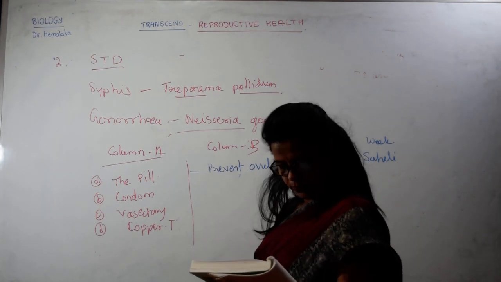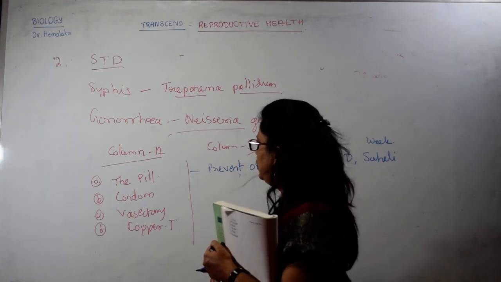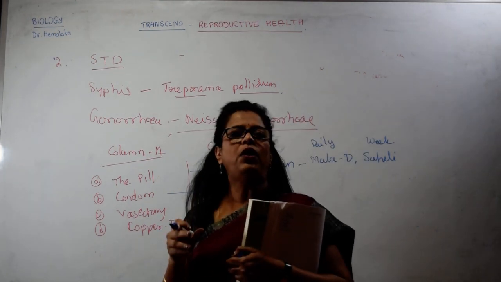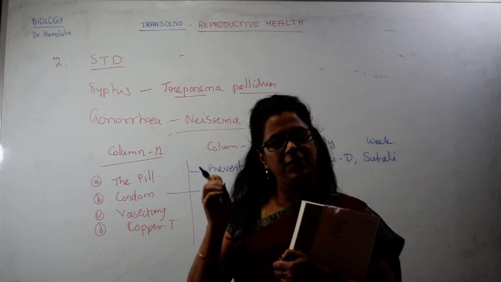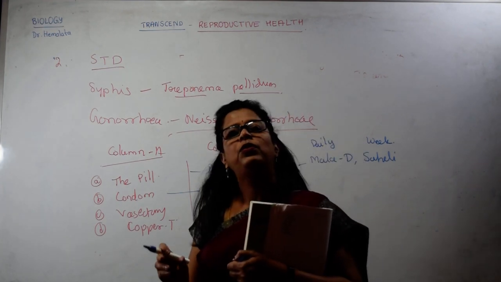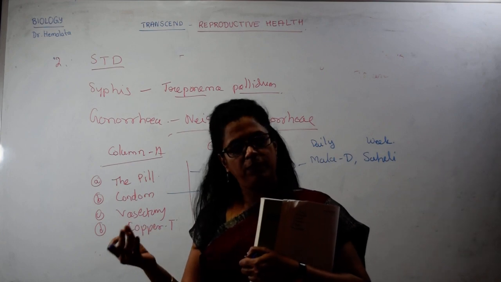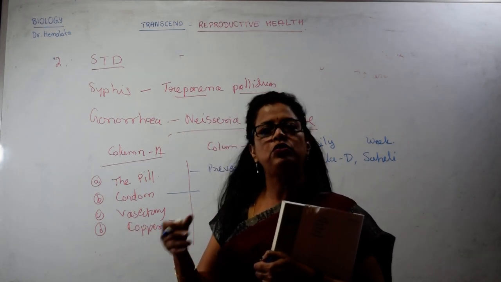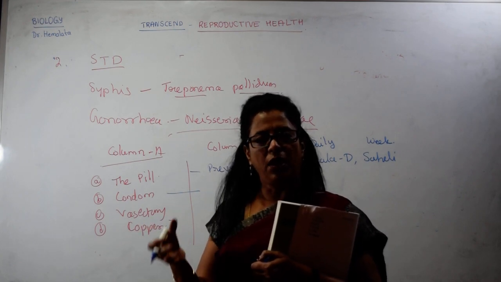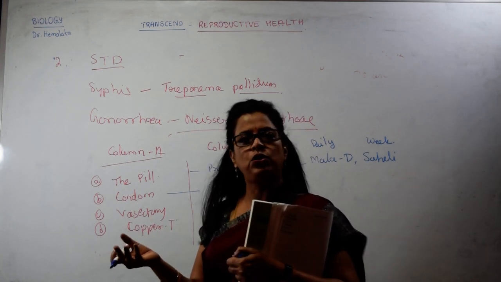Second is condom. I already discussed this with you. Condom is a thin rubbery elastic sac-like structure. It has to be rolled over the penis before the intercourse, so that the sperms released on ejaculation will be trapped in the condom and thrown away.